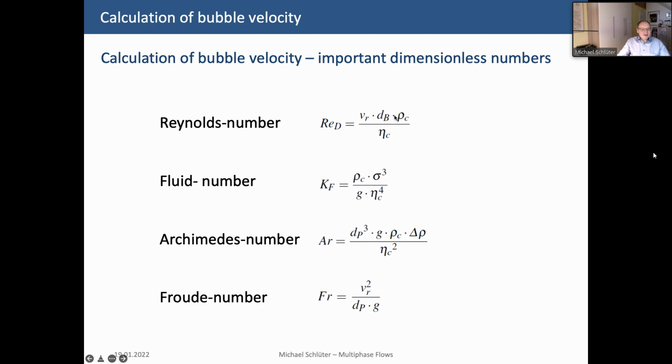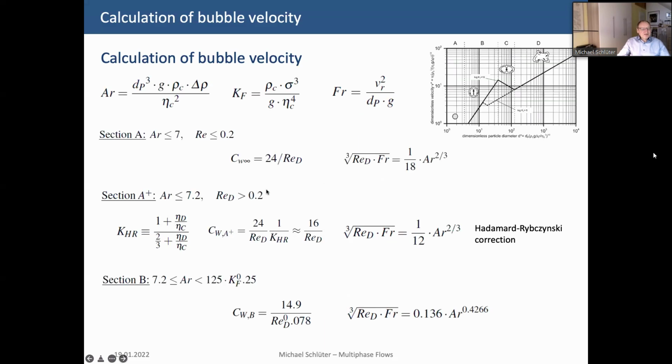And as you can see, the diameter is one important critical point, or let's say the most important critical point: bubble diameter and bubble velocity. And now we can use such correlations that we have already seen to calculate the drag coefficient, and with the drag coefficient we can calculate the bubble rising velocity.